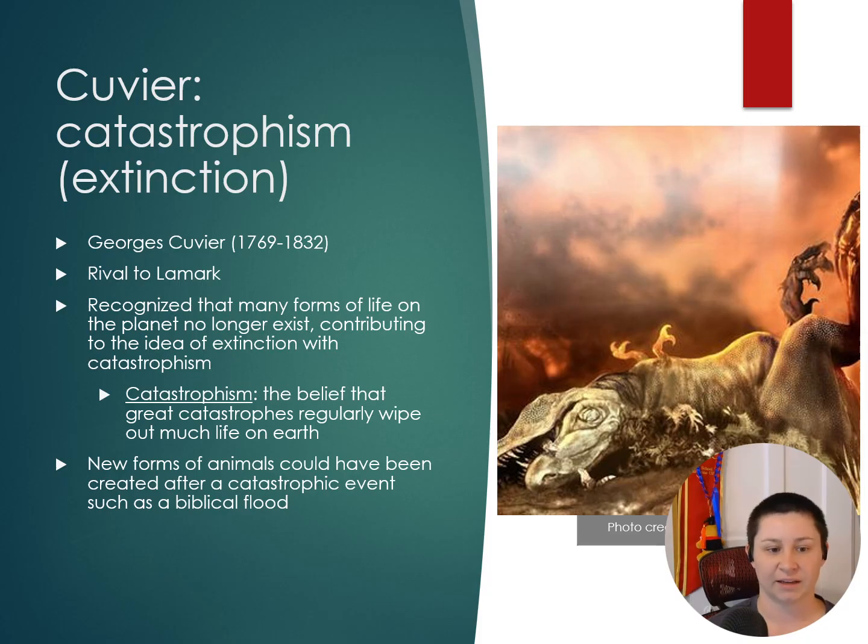So he said that catastrophism is the belief that great catastrophes regularly wipe out much life on the earth. He said that new forms of animals could have been created after a catastrophic event such as a biblical flood, or as we know now, a meteor killing the dinosaurs, something like that.